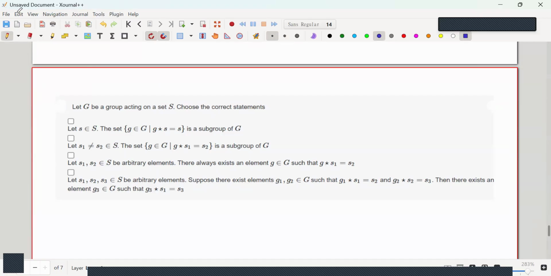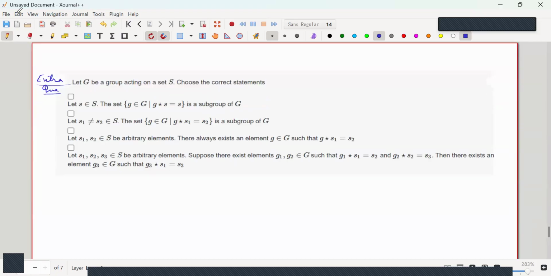Let s belong to S. The set of g in G such that g times s equals s, is it a subgroup of G? This set contains all elements in the group which fix the element small s. Yes, sir. I think this is true.